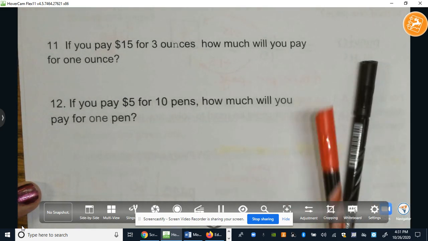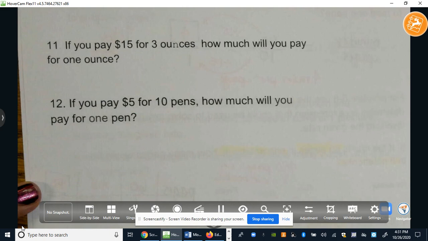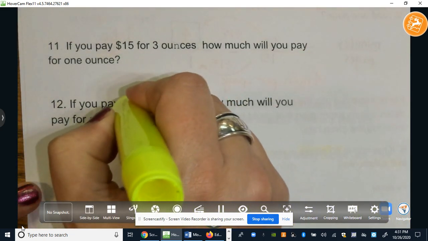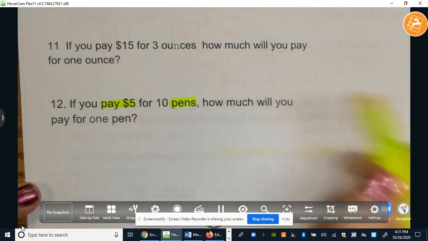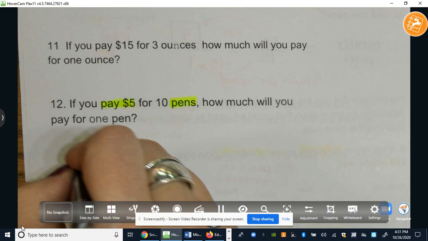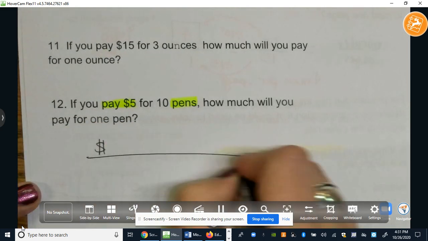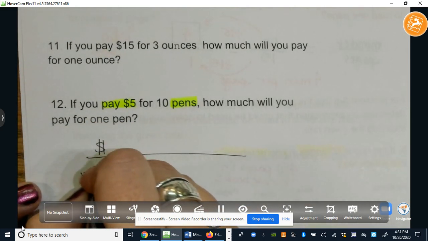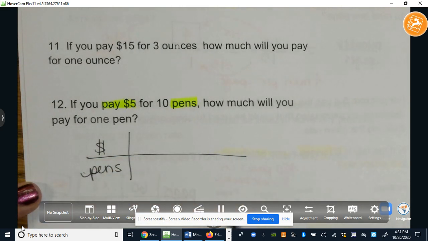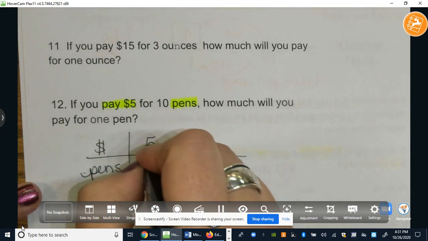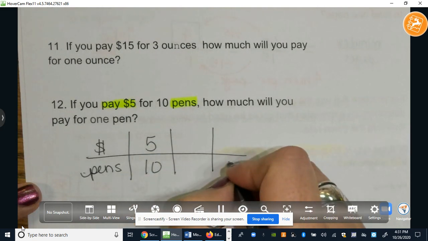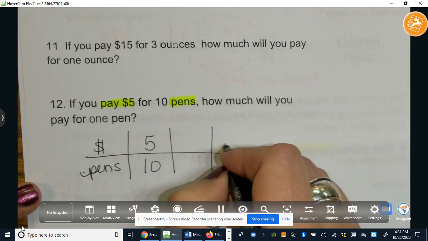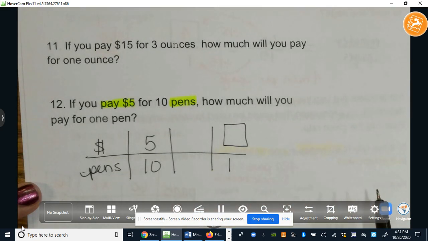So if you pay $5 for 10 pens, how much will you pay for 1 pen? So we're comparing what you pay, money, and pens. So the amount of money and pens. I know I paid $5 for 10 pens, but you need to know what 1 pen is going to be.